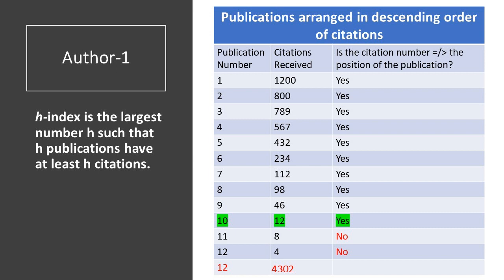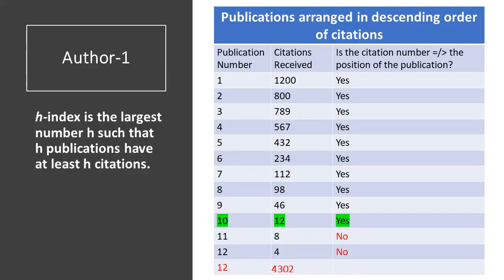So what you need to do is arrange the papers authored by a particular author in a descending order based on the citations received, and then ask this question: is the citation number equal or greater than the position of the publication? Citation number means citation count, rather it is not number, it is citation count. Citation count is given in the second column.